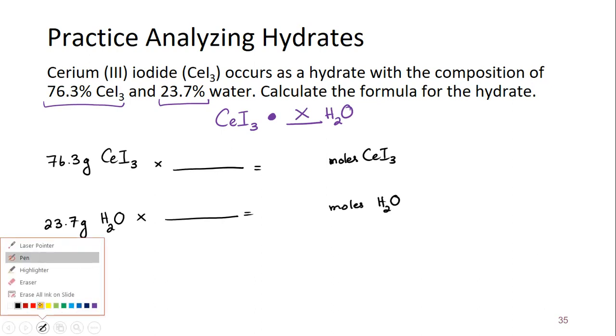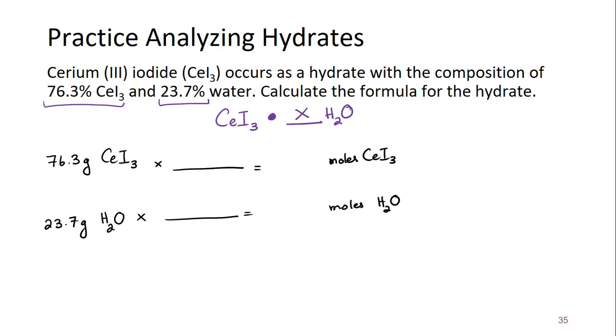Now, the molar mass of cerium iodide is 520.82. So 520.82 grams of CeI3 is 1 mole of CeI3 on the top. Then 1 mole of water on the top, and 18.02 grams of H2O on the bottom.